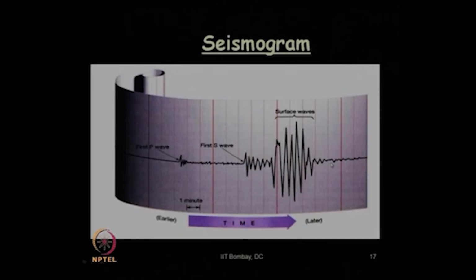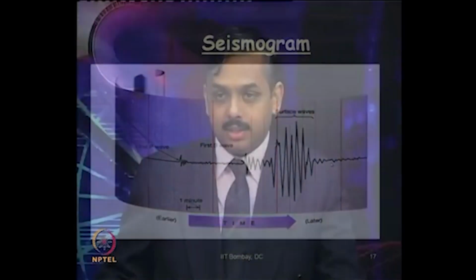So, these are the three possibilities, that is, any seismograph located at a particular location in the world can record a particular earthquake occurring at another place in the world.